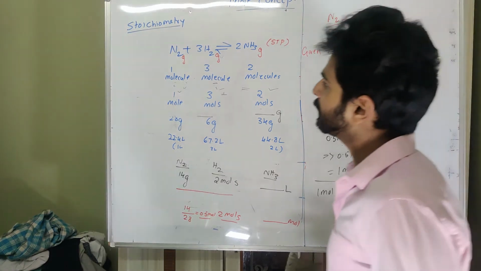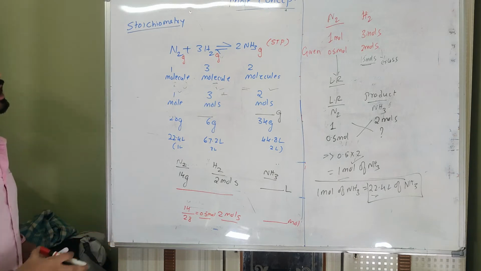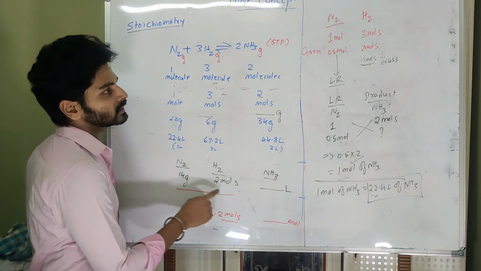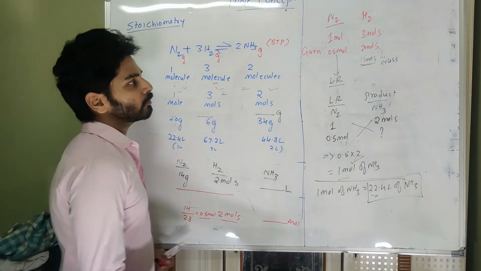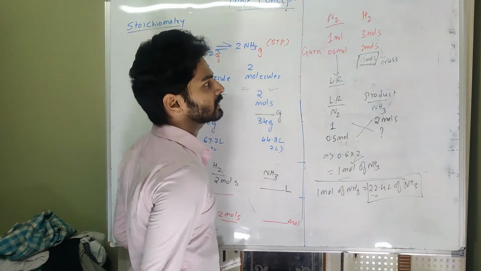Finding the limiting reagent is the prerequisite to calculate further, because unless you know what is in stoichiometric quantity, you cannot proceed. You might have proceeded with 1.5 moles of hydrogen also, comparing hydrogen and product, and that might have given you the right answer.